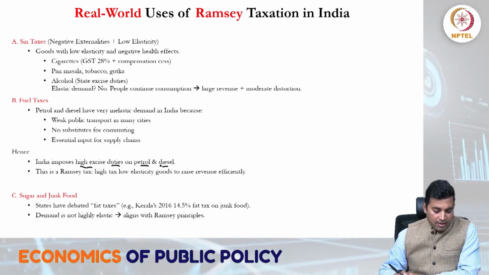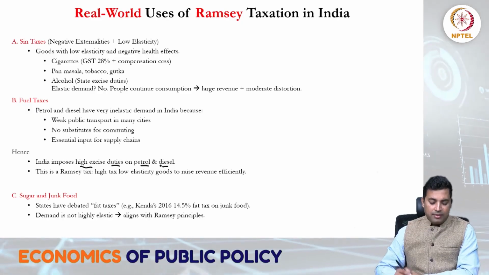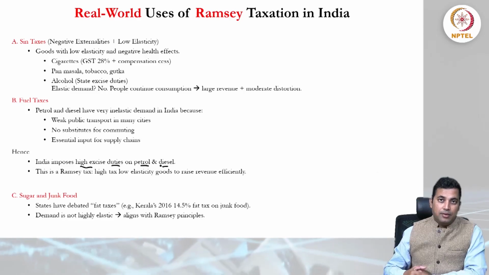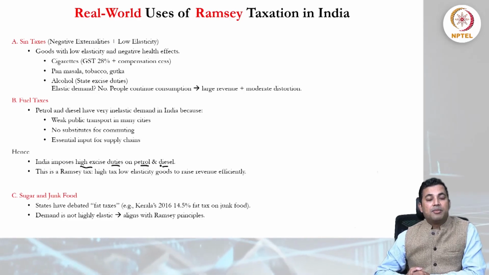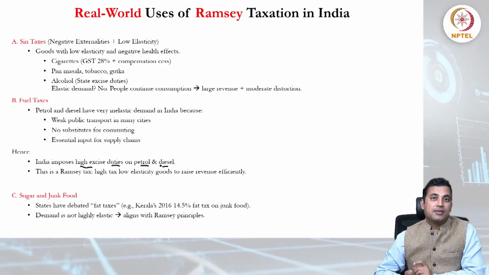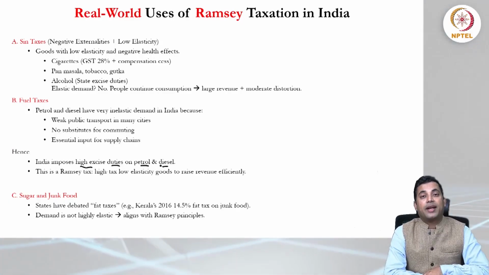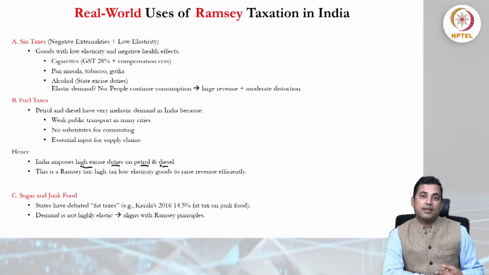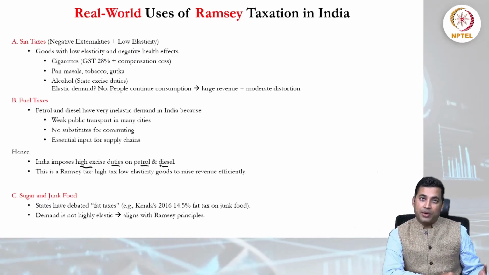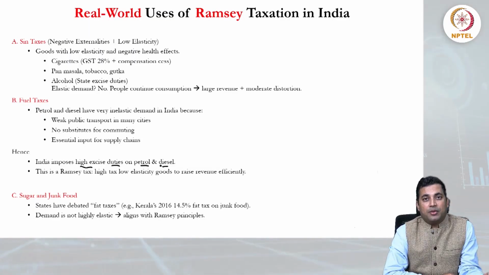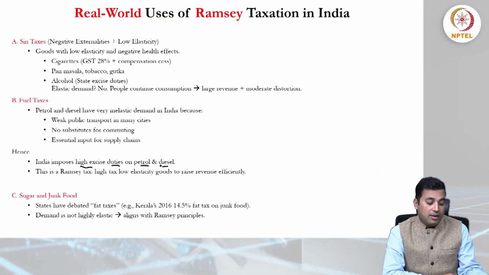Demand is not highly elastic, and therefore this aligns with Ramsey's principles. These are examples of how optimal taxation works and how one can extend Ramsey's explanations to understand different contexts, and the examples we gave are taken from India.